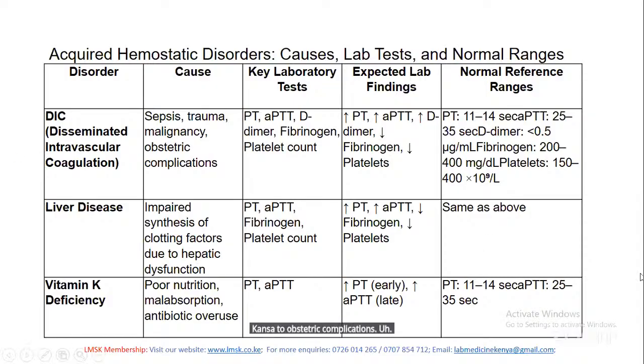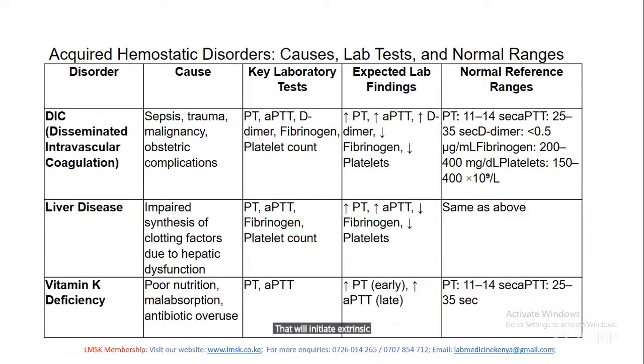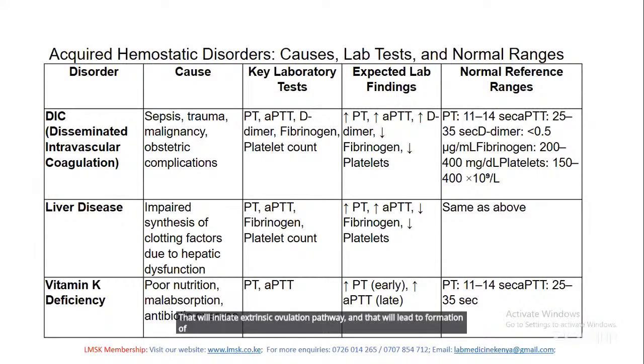Three, sepsis, that's bacterial infections, and also trauma. Trauma can cause that because trauma will obviously expose cells and will produce tissue factor type molecules that will initiate the extrinsic coagulation pathway, and that will lead to formation of clots that can further block the blood vessels, the smaller capillaries.